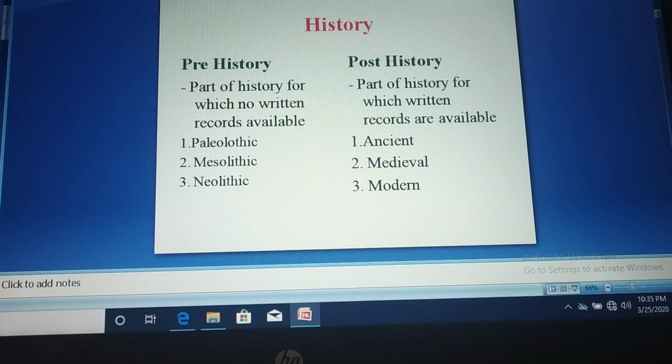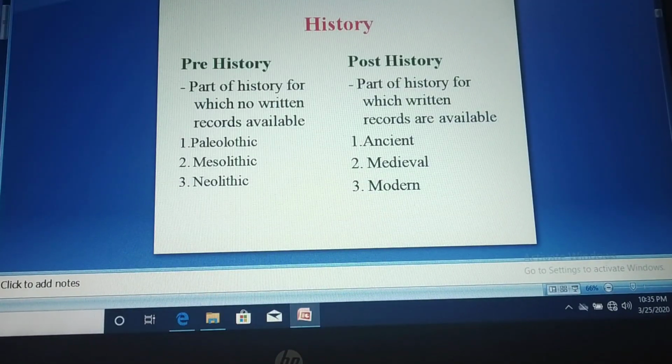So prehistory is categorized as Paleolithic, Mesolithic and Neolithic. That's what you studied in grade 6. And history is further divided into ancient, medieval and modern. Ancient history is something which you studied in grade 6.